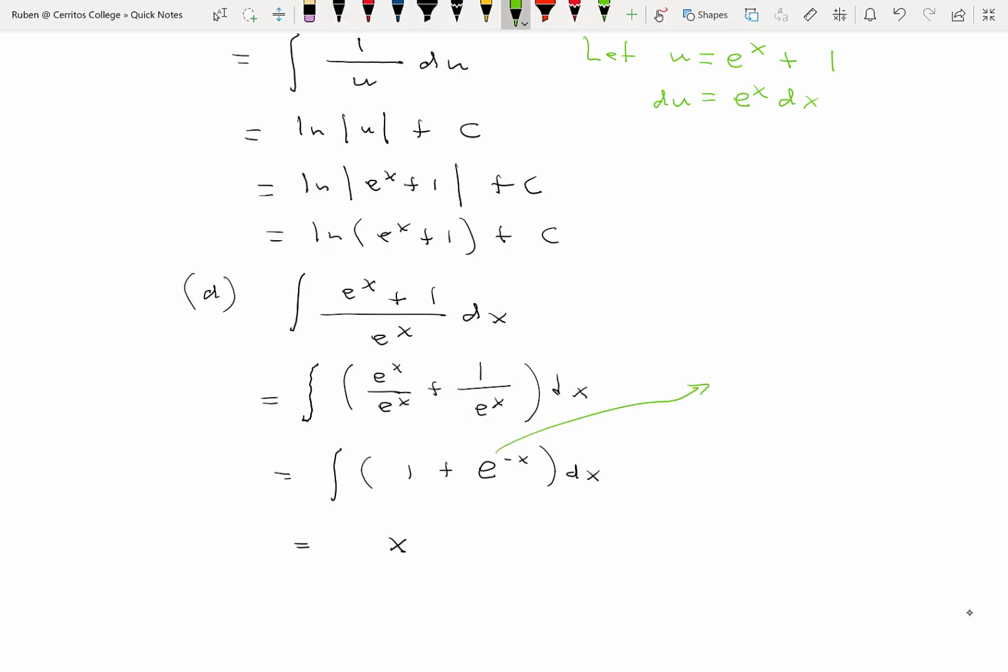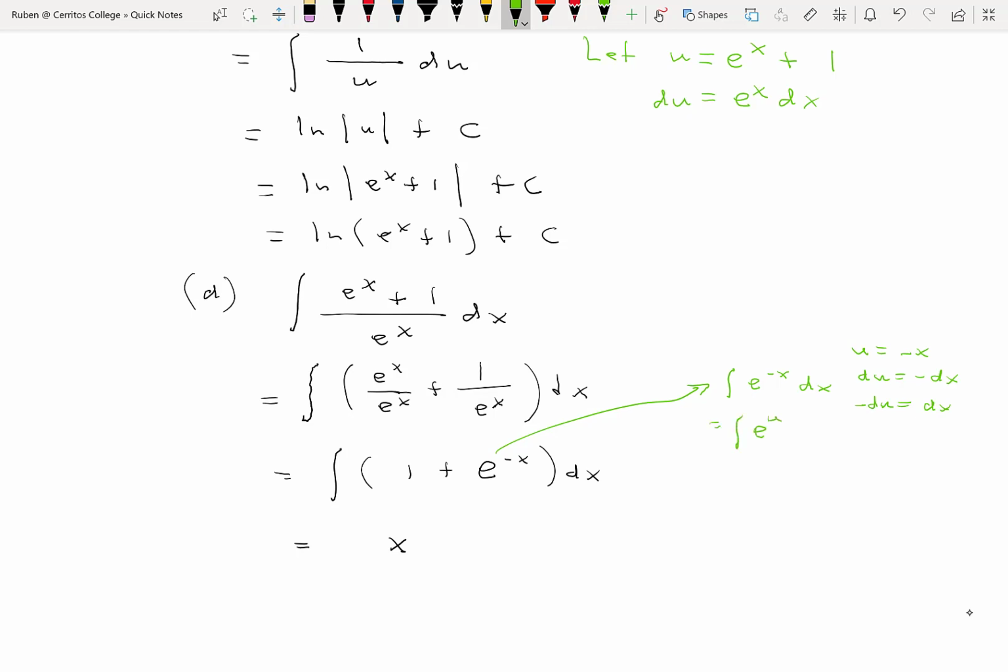The integral of e to the minus x dx. Let's do a little u sub on it. u equals negative x, du equals negative dx, so dx equals negative du. So this is e to the u.